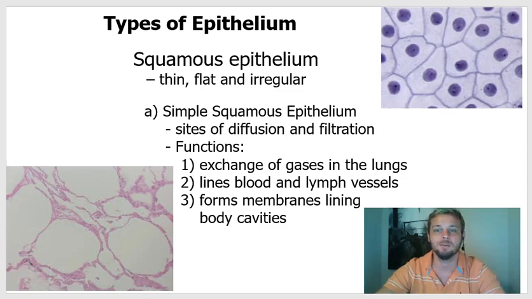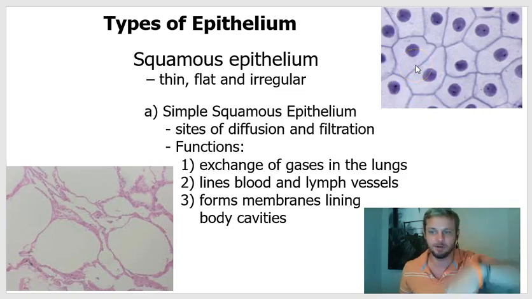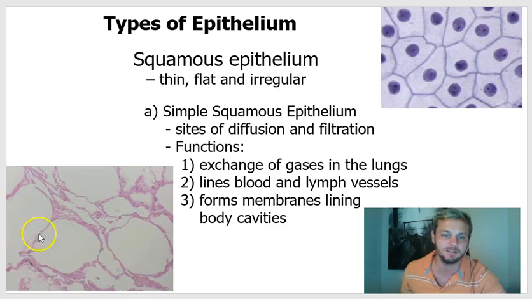And so squamous epithelium is going to be a very thin, irregular shaped cell. If you're looking down top onto them, they kind of fit together really tight, but they don't have a regular shape. If you look at them in cross-section, this would be a layer of simple squamous epithelium.